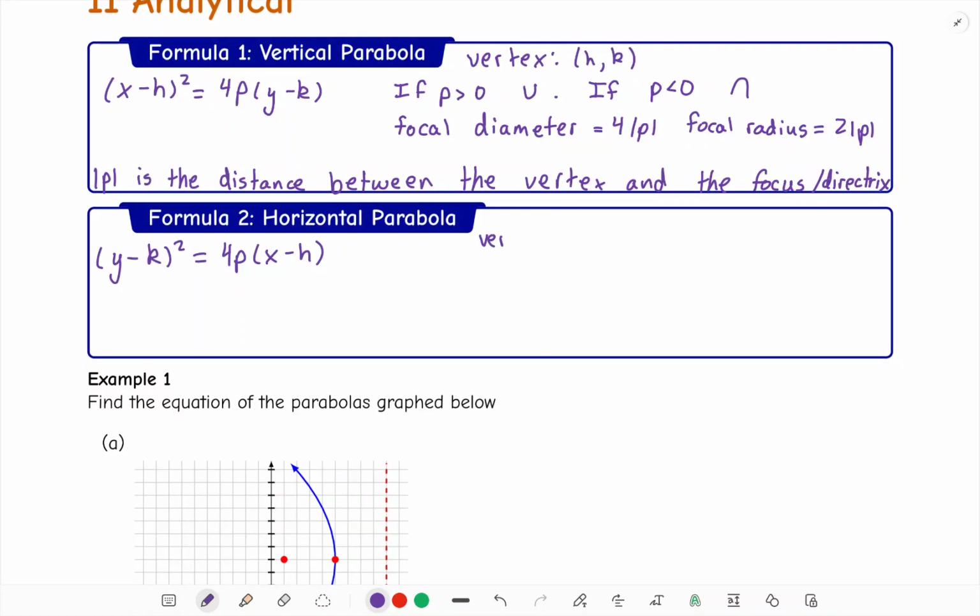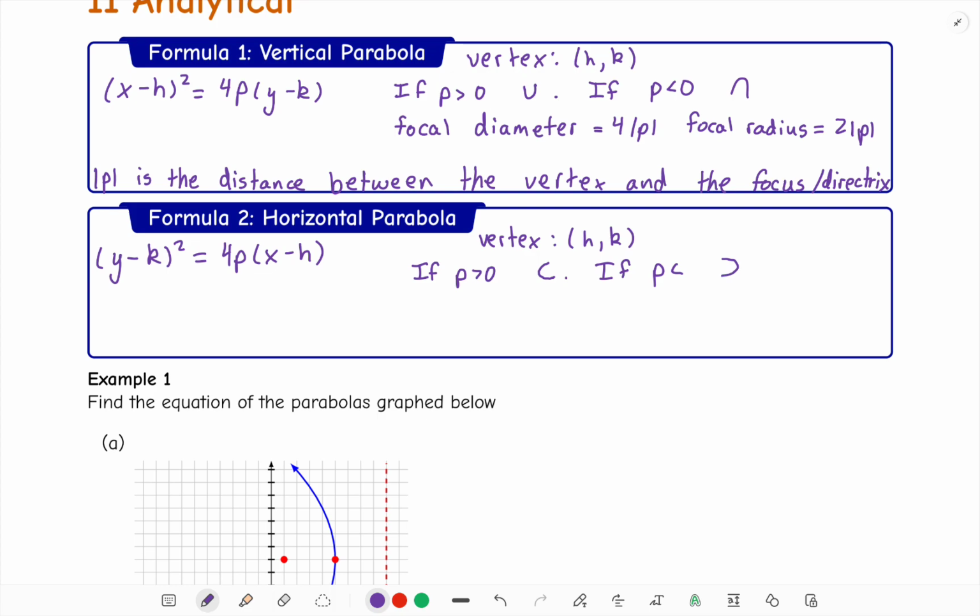The vertex is still h comma k though, not k comma h. So the way I remember it is the x value of the vertex is near the variable x, and the y value of the vertex is near the variable y. But since these are horizontal parabolas, if p is greater than 0, it actually opens to the right.